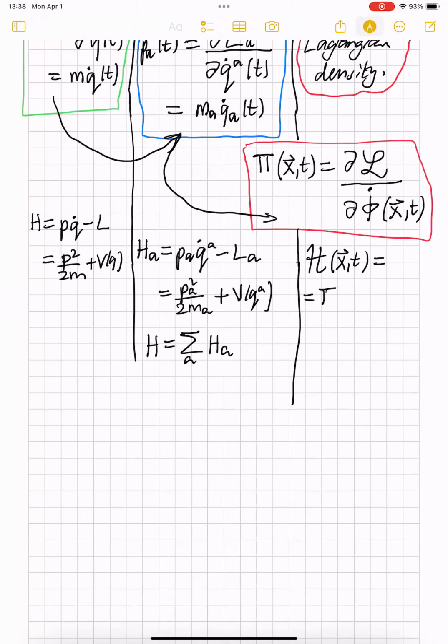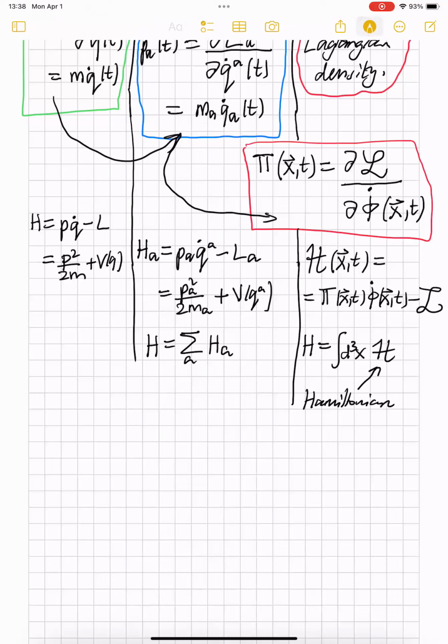So we will have pi of x and t times phi dot of x and t, and then minus L_A, which for us is minus the Lagrangian density. And then the generalization of the second formula is that the Hamiltonian will be equal to, well, the sum over index A becomes an integral over d^3x, and then we will have curly H sitting there. So this justifies the name that I was using. H is the Hamiltonian, so clearly curly H here must be the Hamiltonian density, okay?